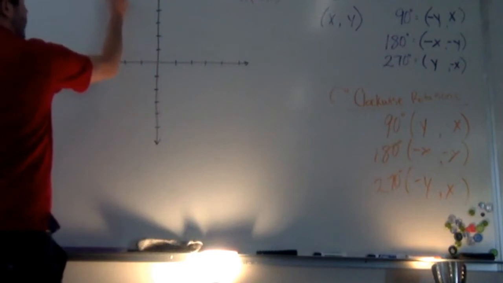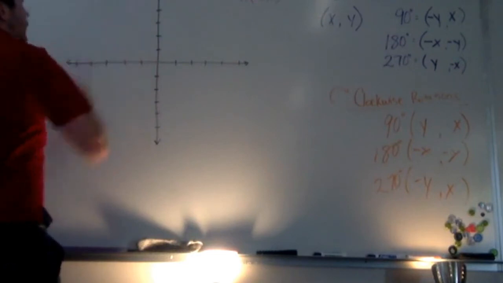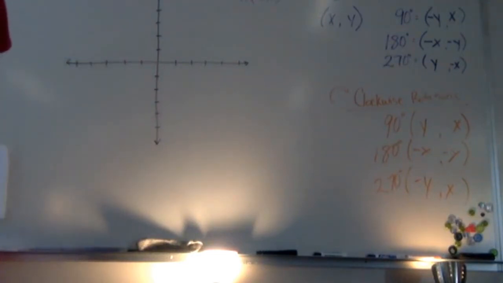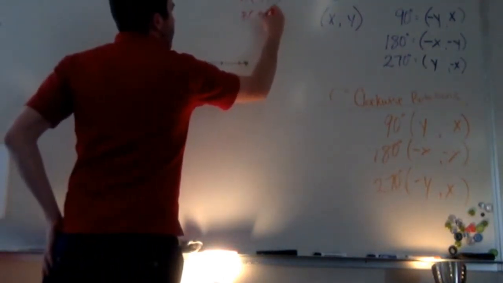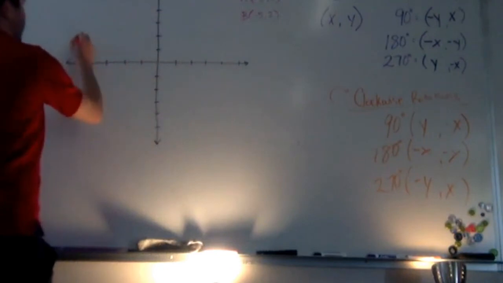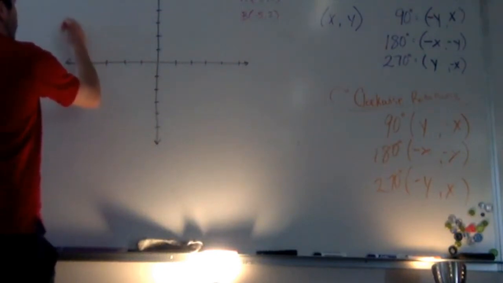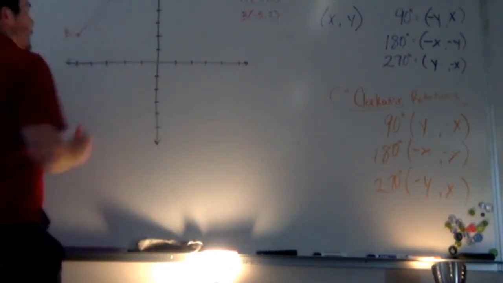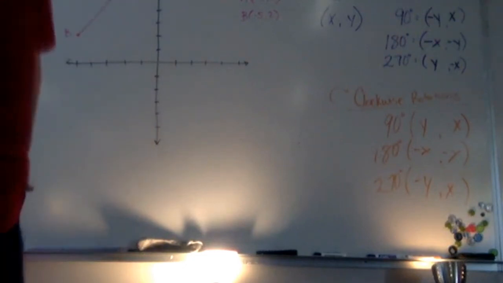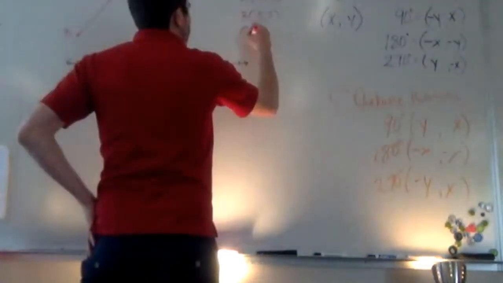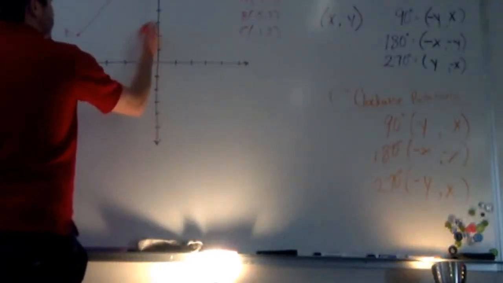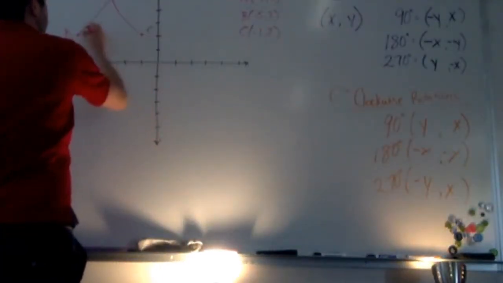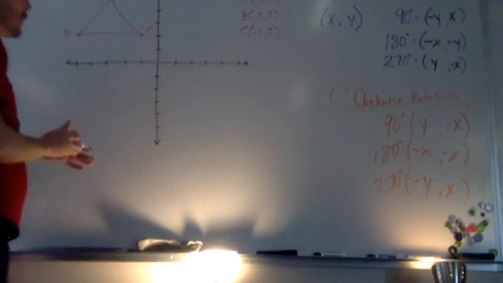That's going to be my A. B then was -5, +2. That's B. And then C is -1, +2. There's C. And then we have our triangle.